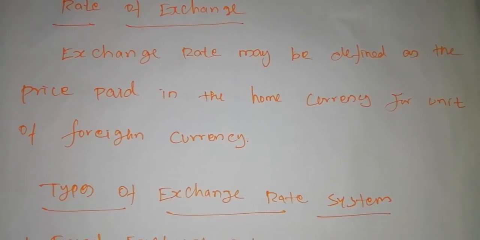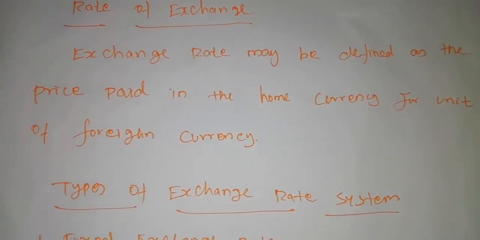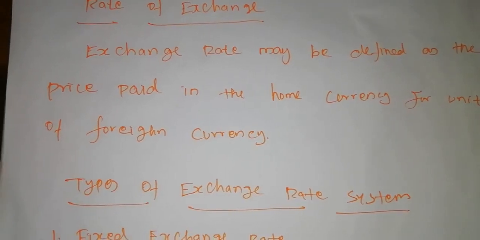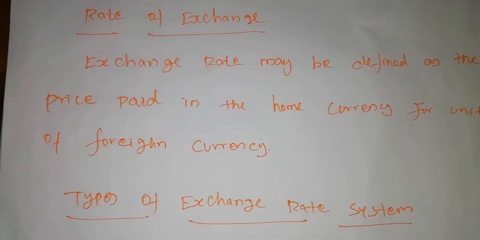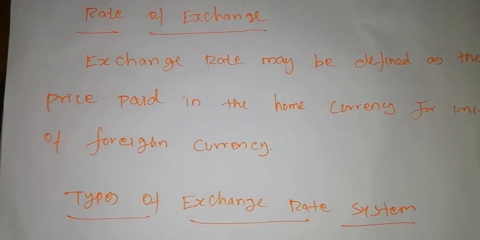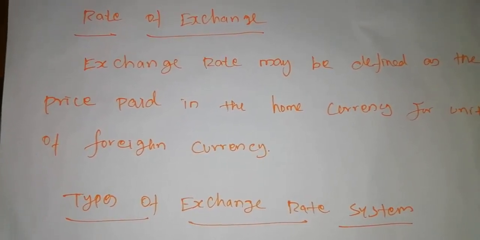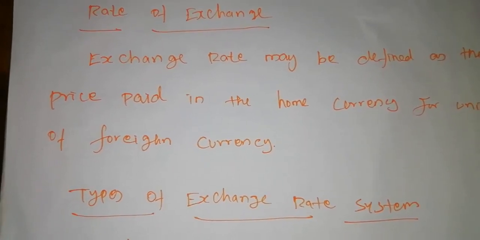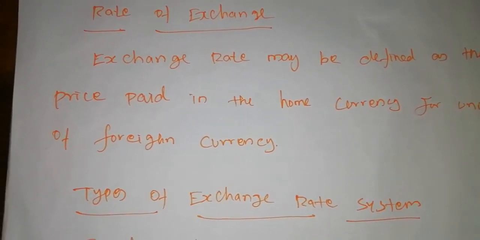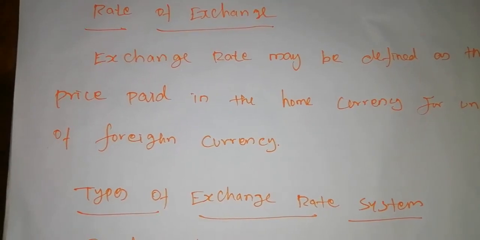This is the value of currencies. The exchange rate may be defined as the price paid in the home currency. For example, if you consider 75 Indian rupees for a unit of foreign currency, in the case of America, $1 is equal to 75 rupees.